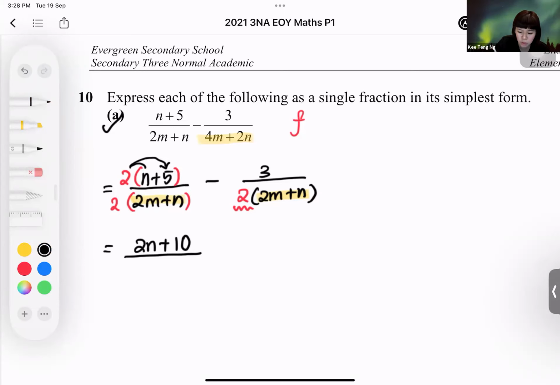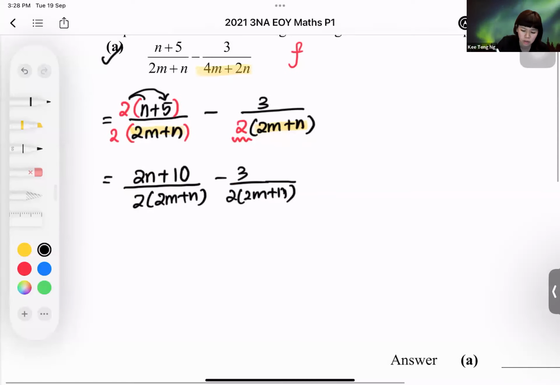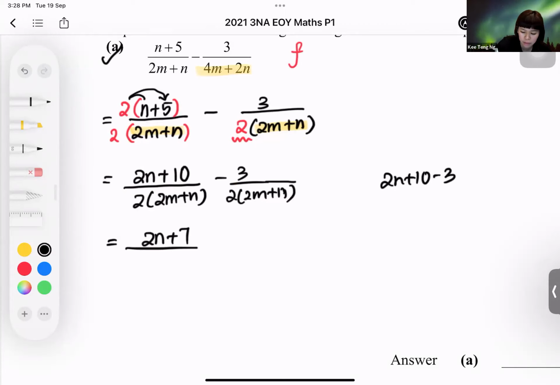over, you can expand or not expand the denominator, both can, no problem. Minus 3. Since this one is just a number, there's no other expression, we can combine them together. 2n plus 10 minus 3, that will give you 2n plus 7.